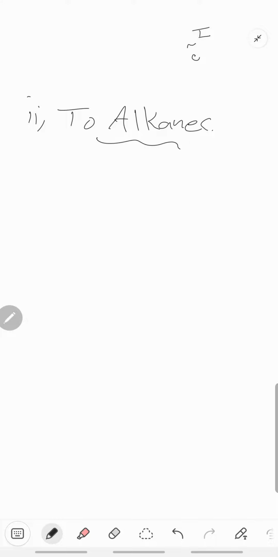So when carboxylic acids are reduced, they will give me alkanes. How will they give alkanes? Complete reduction to alkanes. How will it happen?